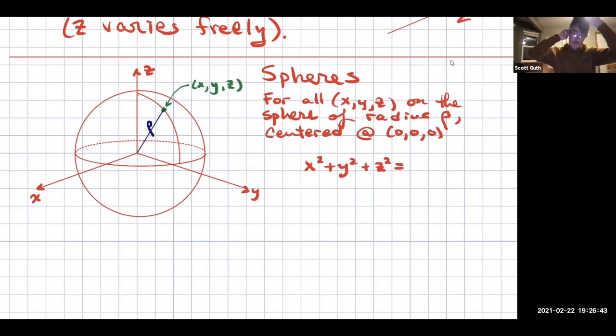Now that's just the Pythagorean theorem there. So what's x squared plus y squared plus z squared using the 3D Pythagorean theorem?